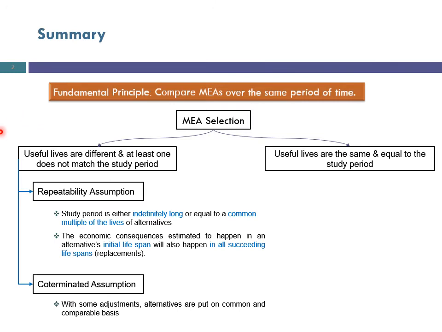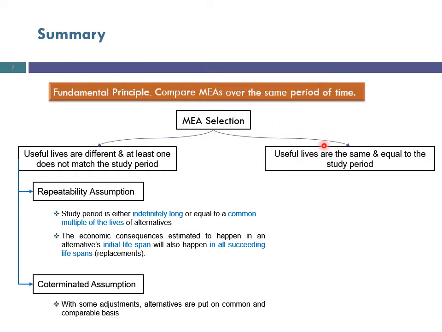In our previous lectures, we learned that in comparing mutually exclusive alternatives, the fundamental principle is to compare them over the same period of time, the same study period. So we may have two situations according to this principle.